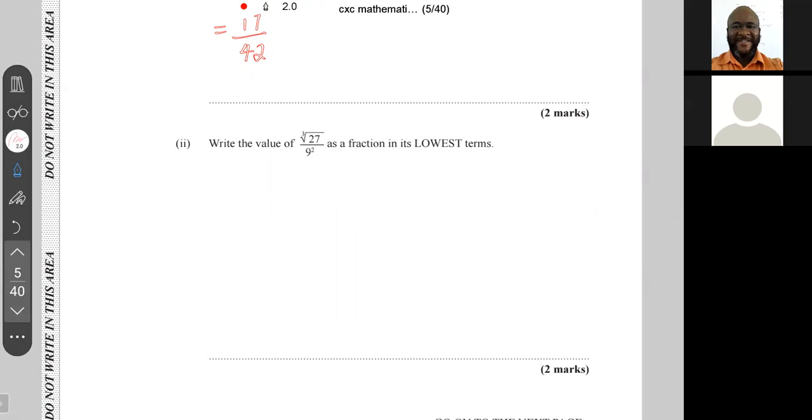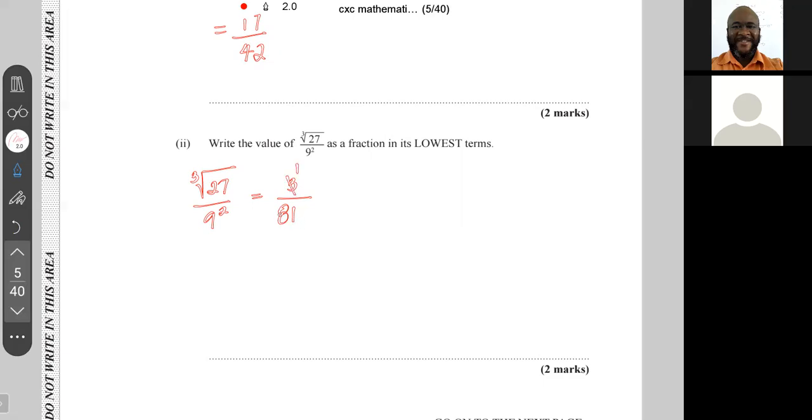So the cube root of 27 is 3. So the cube root of 27 over the square of 9 is the same as saying the cube root of 27 is 3 and the square of 9 is 81.